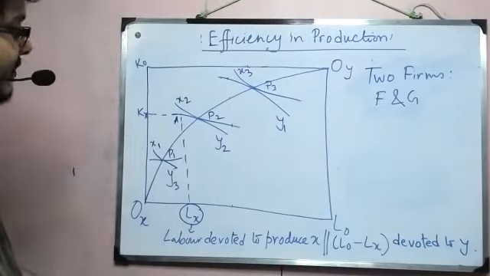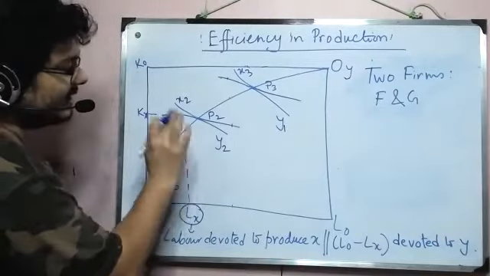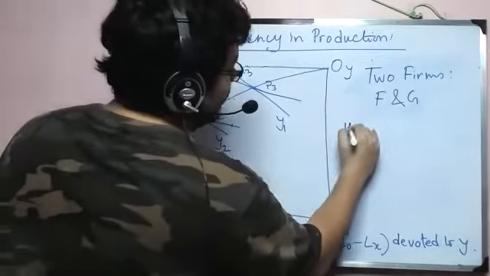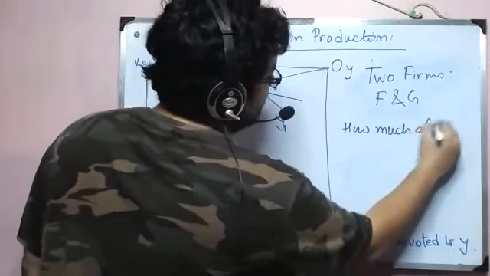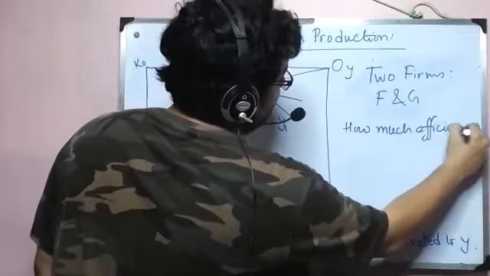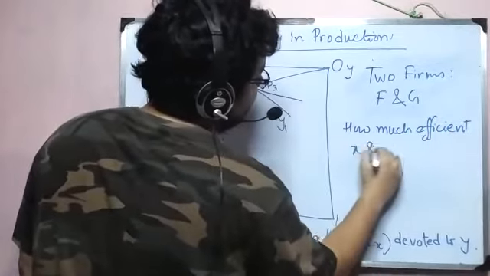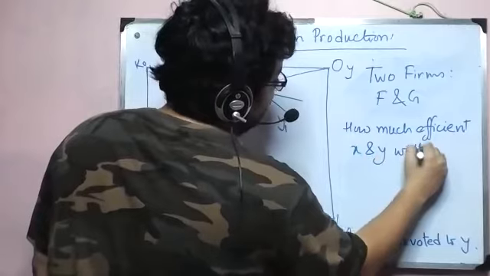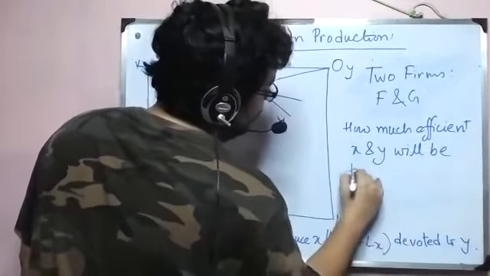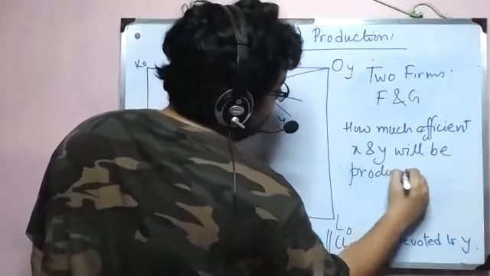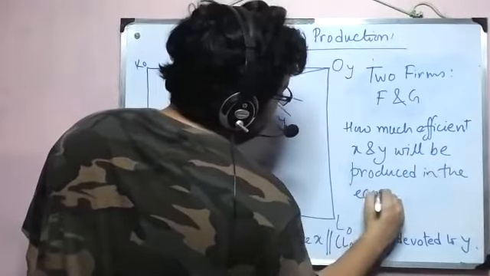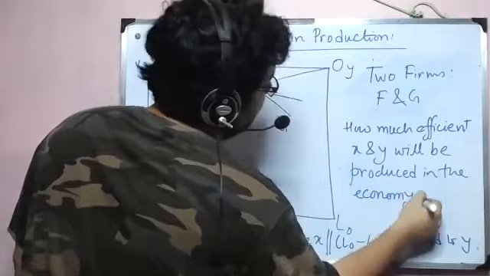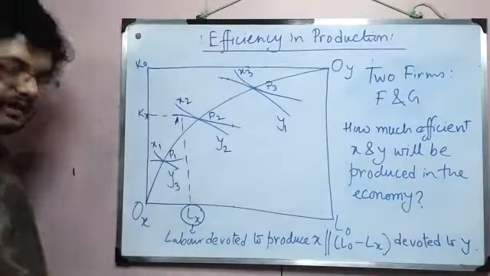So that is the first point of clarity. Here what we are getting is this: how much efficient, that's important, X and Y will be produced in the economy. So that's what we are interested in here. Okay, so that is our question here.